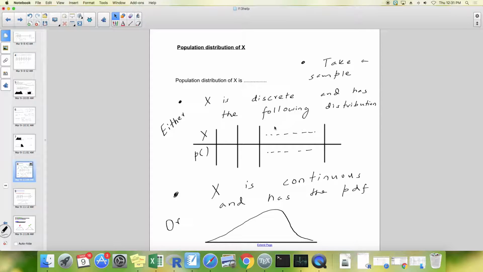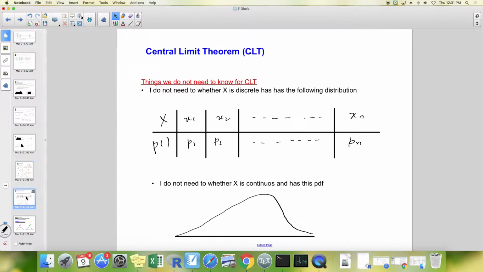So the distribution of x, this table or this PDF, I generally don't need to know. There's a small exception to that, but generally I don't need to know whether there's a table, where is the table, what are the values, so what small x1, what small x2, what small p1, small p2, small pn, small xn. I don't need to know. Or suppose it's continuous, then I don't know how this graph should look like. I don't need to know any of this.